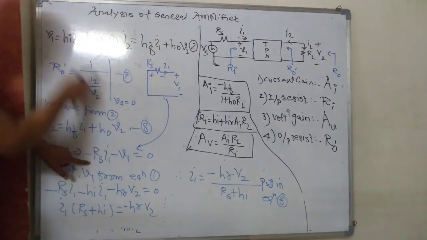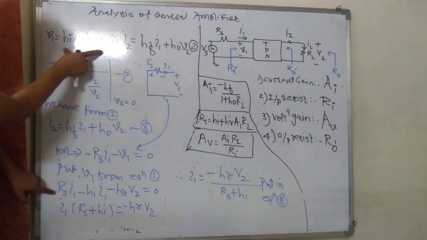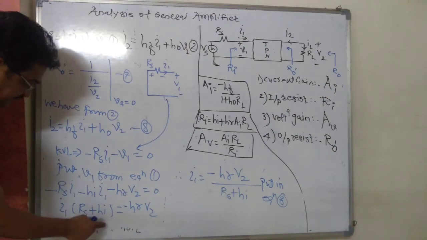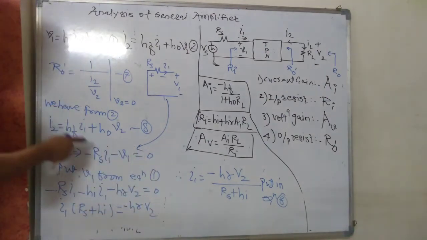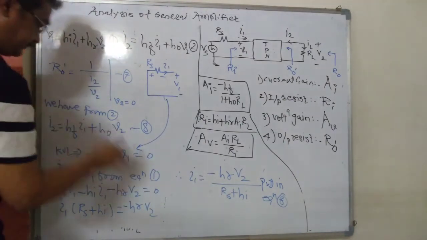Now V1 is put from equation number 1: minus RS I1 minus HI I1 minus HR V2. I1 common from these two: I1 into RS plus HI. I1 is equal to this; put this I1 in equation number 8. Right? I am putting this I1 here.